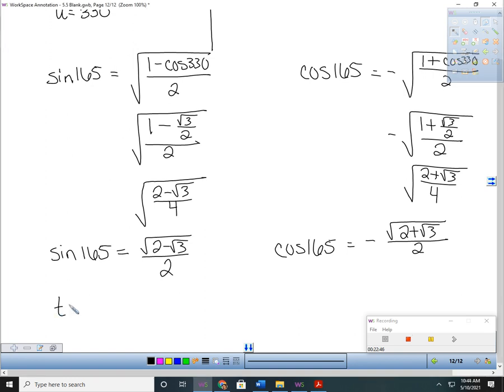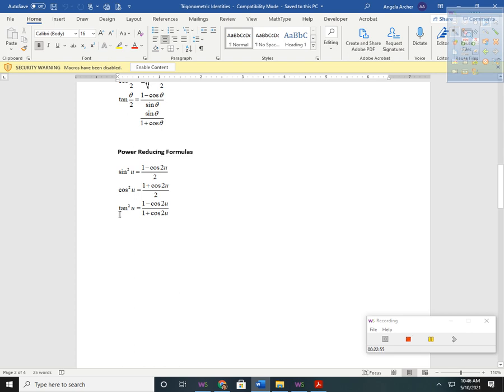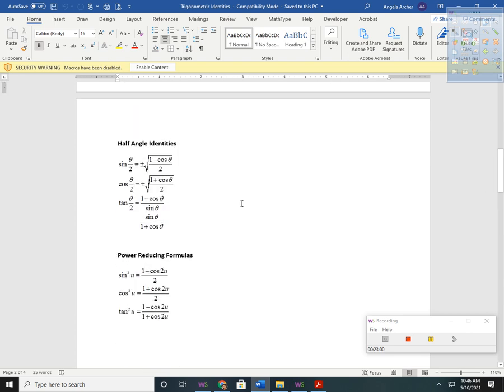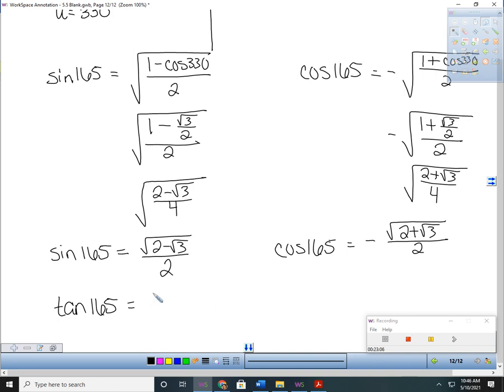Then I'll do the same thing with my tangent of 165. I'm going to use this top one, 1 minus cosine theta over sine theta. So I have 1 minus cosine of 330 over sine of 330.